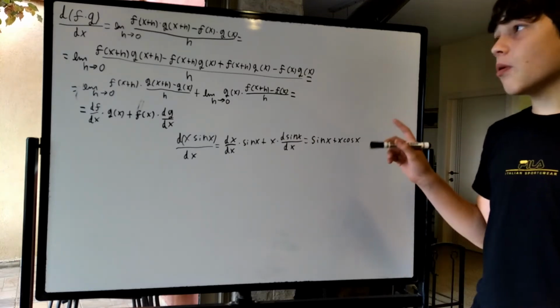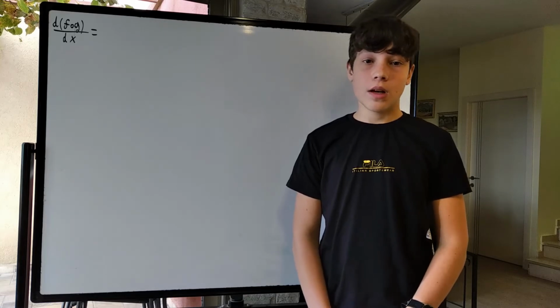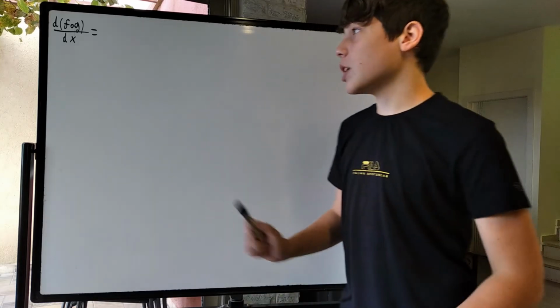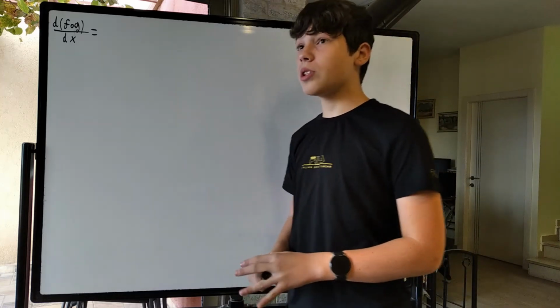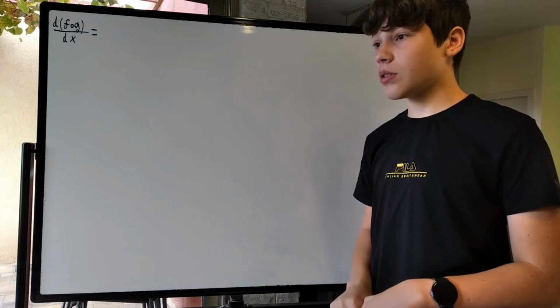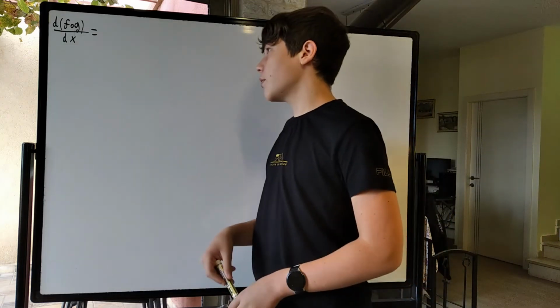So now let's erase the board and do the chain rule. Okay, now we're going to look at the chain rule. So here, instead of multiplying two functions, we're inscribing two functions. So g inscribed in f.